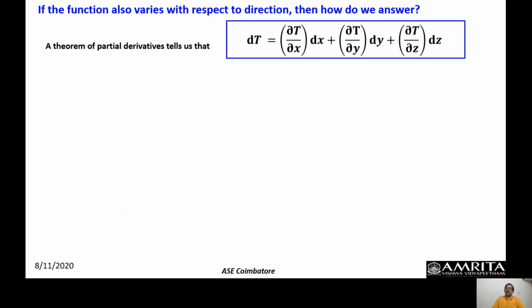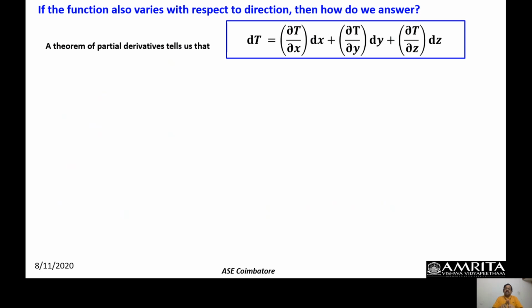T varies in space. For example, I can write a scalar function as T equal to xy, or xyz, or xy plus yz plus zx, anything. But remember, it is a scalar function, so I am not attributing any unit vector direction. A scalar function has only a value associated with it.